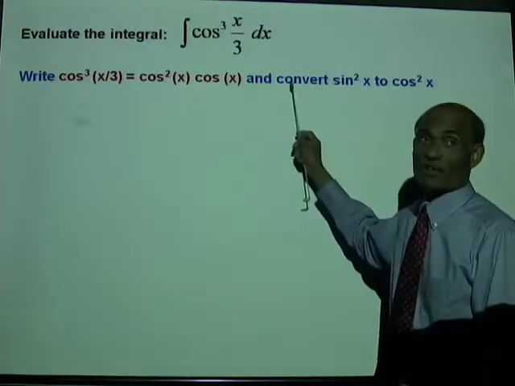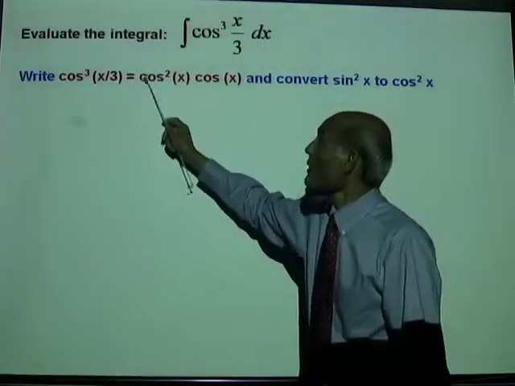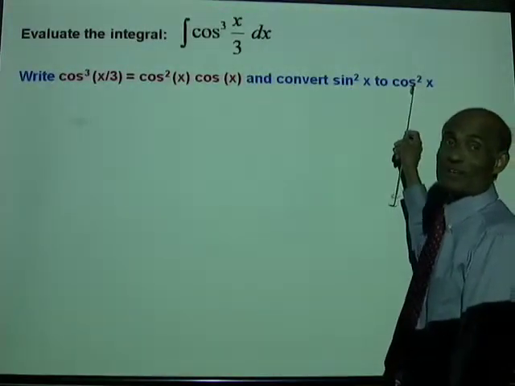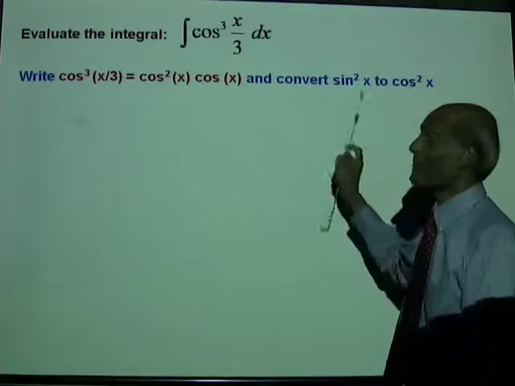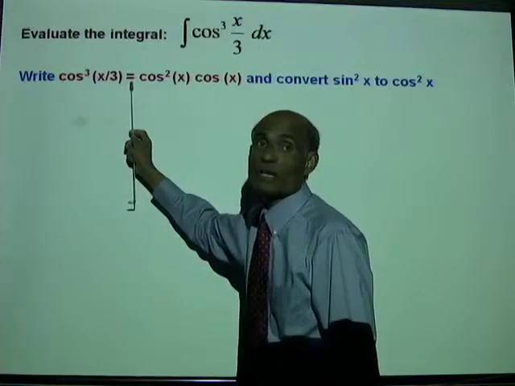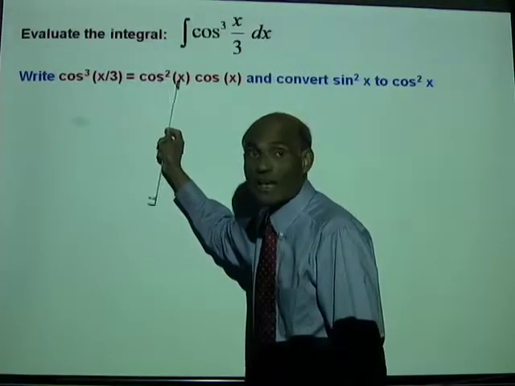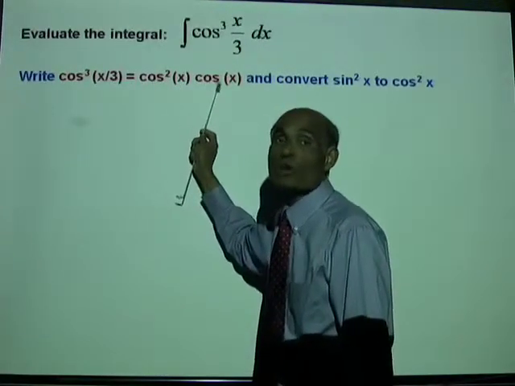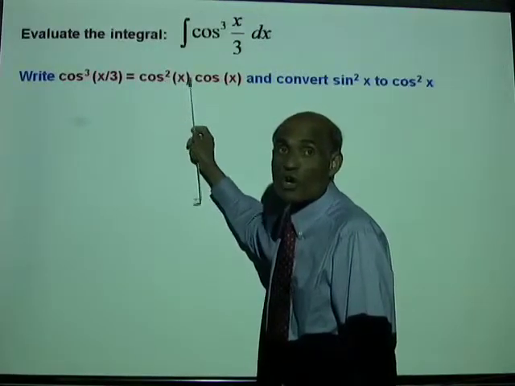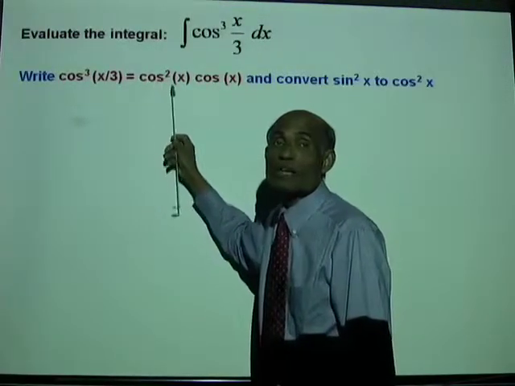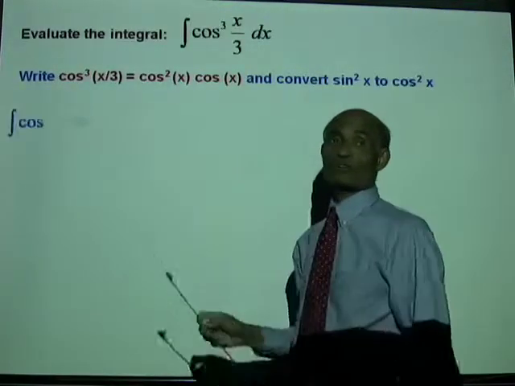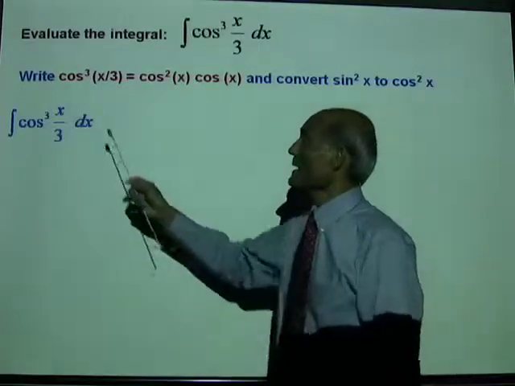Once again, we write cos cube x over 3 as cos squared x over 3 times cos x over 3. And then change that cos squared x over 3 in terms of sine squared x over 3. Alright, let's do that.